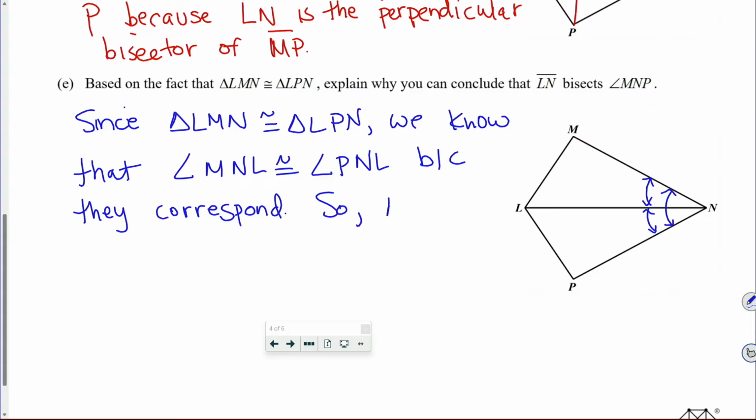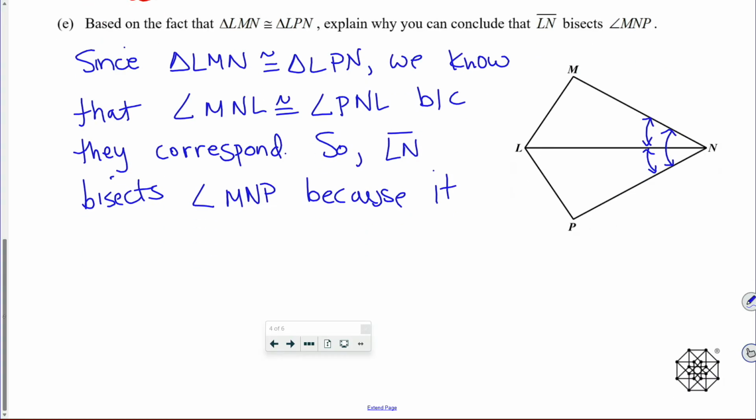So LN bisects angle MNP because it creates two congruent angles.